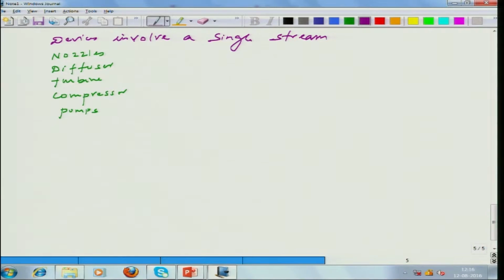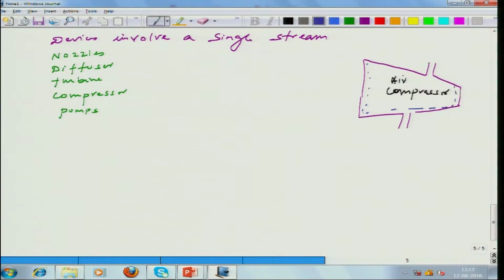So we can consider a case for such a device. This is an example of an air compressor, and this is your control volume. This would be your outlet stream, let's say m2 dot here, and this is your inlet stream with m1 dot.